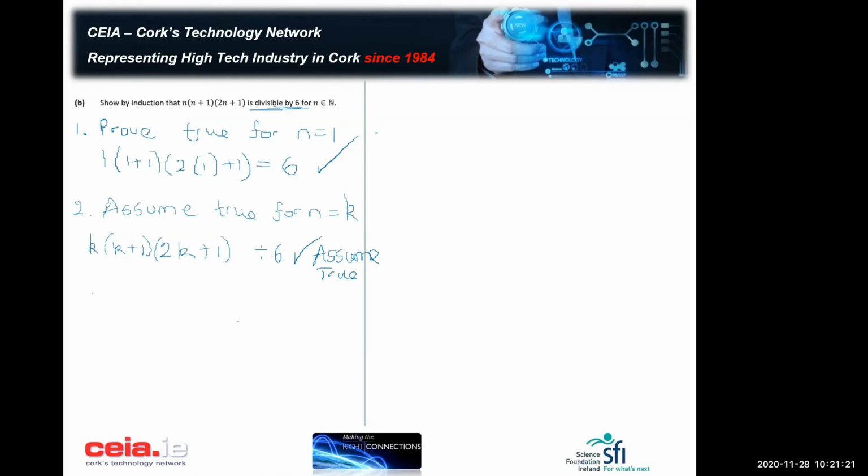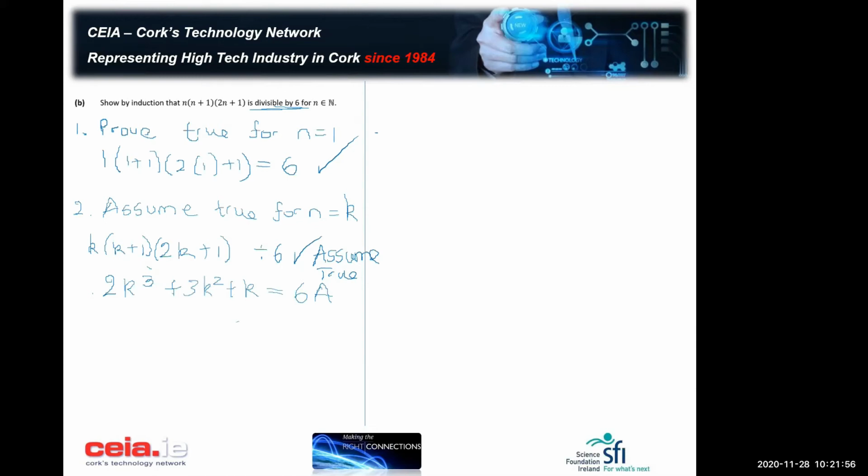So we multiply it out and we get 2k cubed plus 3k squared plus k. And because it's divisible by 6, we say it's equal to 6a. And now, for the person who asked about k, we're introducing another variable, which is a.